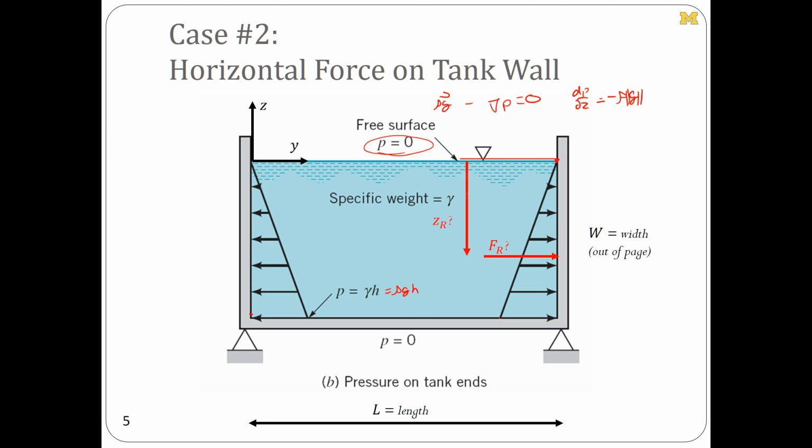So the first thing we're going to do is try to calculate the total force, or the magnitude and direction of the resultant force acting on the wall of the tank.